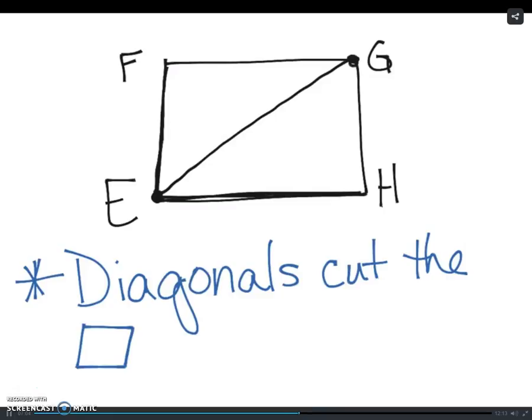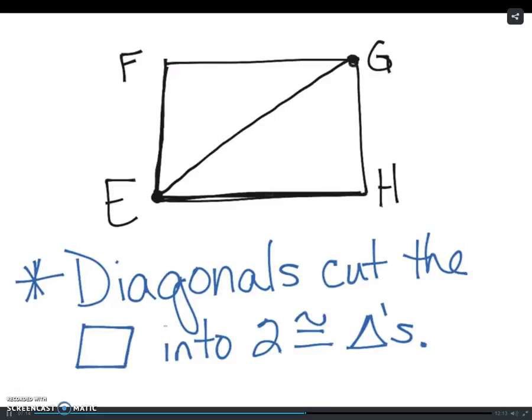So that means that this triangle EFG is congruent to this triangle GHE. Those two are congruent triangles.